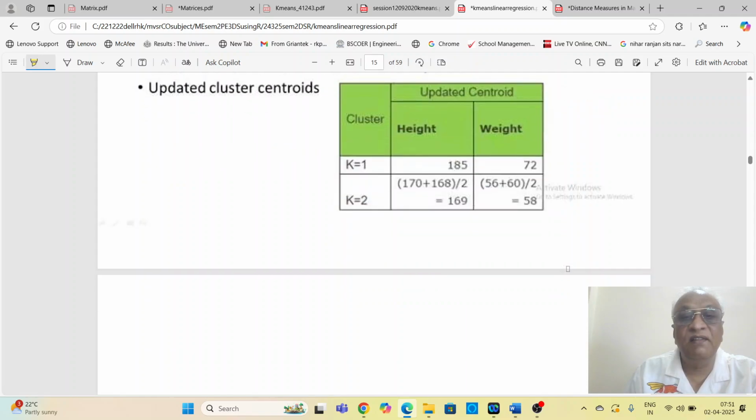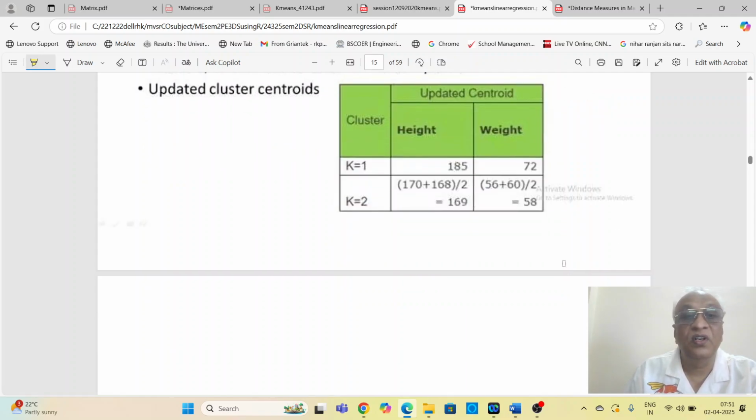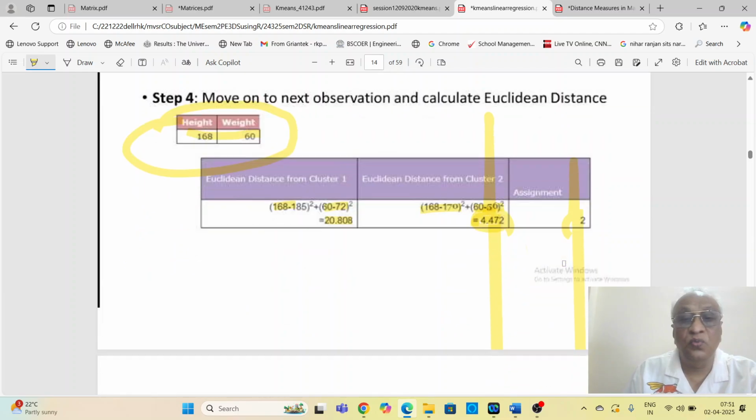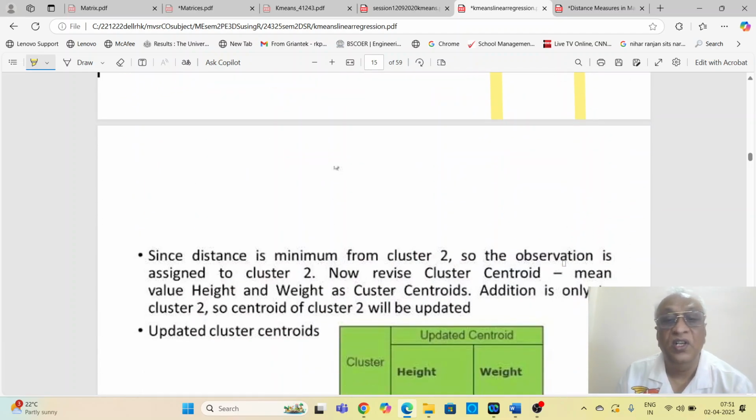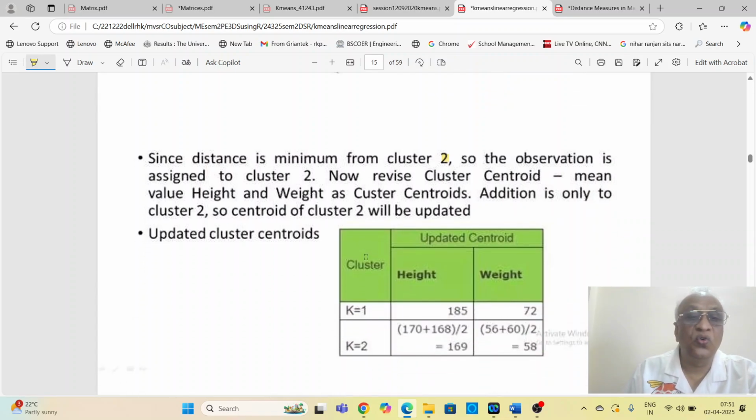So like that, we'll be checking the rest of the data points also. But before that, we now know that the minimum distance is from cluster 2. So what we'll be doing is updating the cluster centroid of K2. How will I update the cluster centroid of K2?